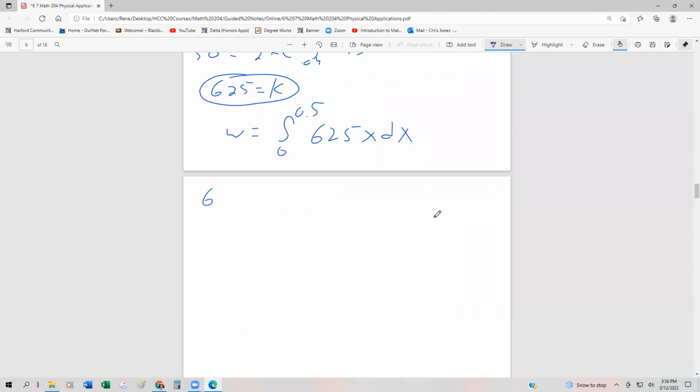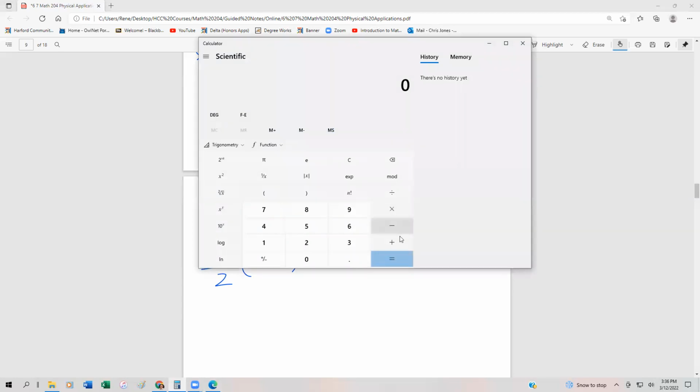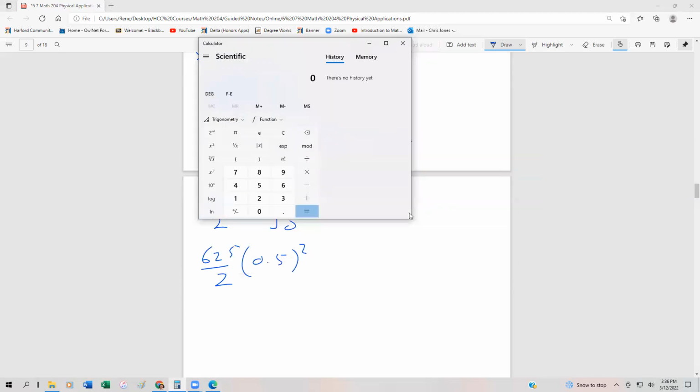So when we integrate 625 over 2 x squared, 0 to 0.5, substitute 0.5 in and square it. I know that that's going to be 0.25 times 625. That one I can't do so quickly in my head, so I've got my ultra sophisticated calculator here.